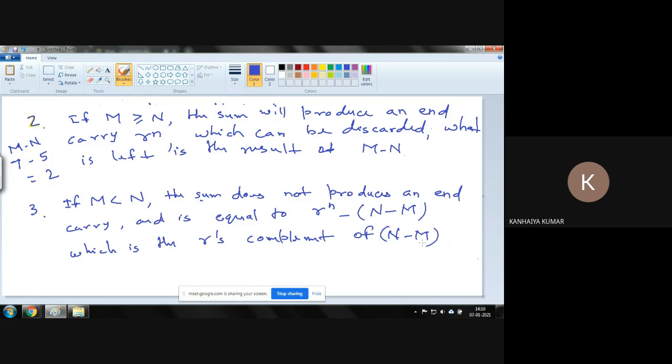So whatever result you get after doing this will be nothing but the r's complement of n minus m. Now you can easily think, how did we calculate the r's complement? The r to the power small n minus the number itself. So now n minus m is a number, so you are just subtracting the number from its base to the power n, and small n is the number of digits in this number. So you are actually calculating the r's complement of n minus m.